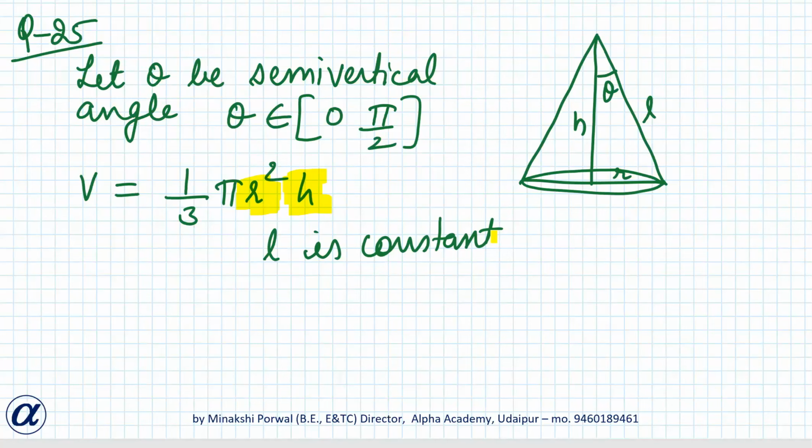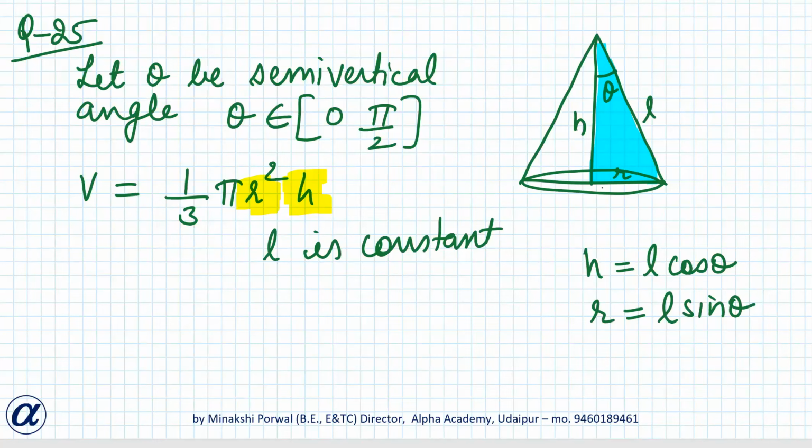L and theta. If we see this triangle, it is a right triangle with theta as the angle. What can we write h and r in terms of L? H can be written as L cos theta, since cos theta is base by hypotenuse, base is h and L is hypotenuse.